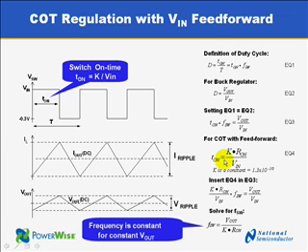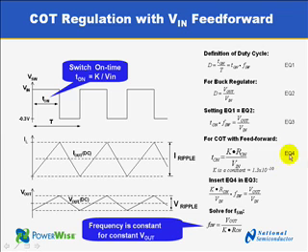T on is equal to K, which is a constant factor defined by the IC designer, times the R on, which is the resistor connected to the VIN, divided by the VIN input voltage. This is equation number 4.